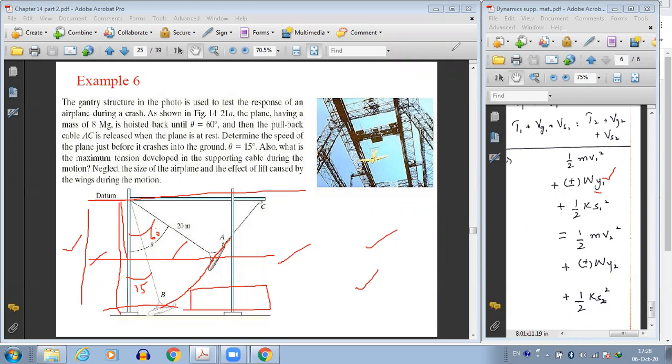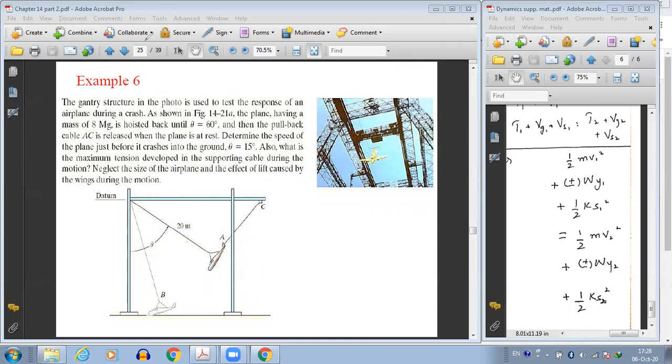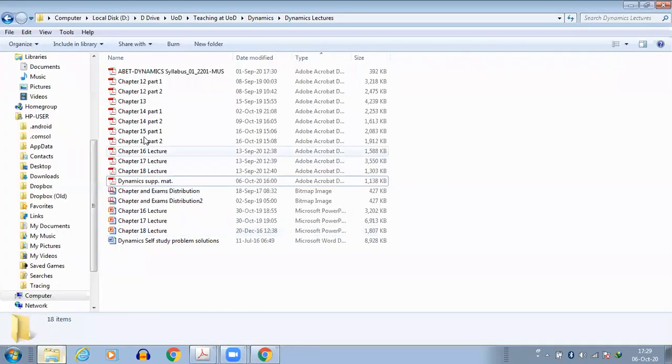Okay, one student is asking, Doctor, when I solve example 2, chapter 14, part 1, I couldn't determine S1 and S2 for the spring. Could you please resolve it, just how to find them? Chapter 14, part 1, you're asking. Okay, so let me open chapter 14, part 1.